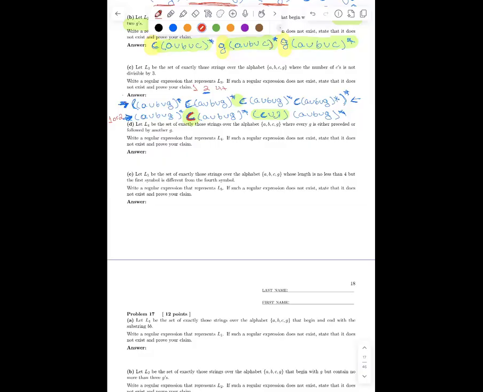But I still need to have 1 C. Or when I go here, I can have another 1 C, which makes it 2. But I don't want to use a Kleene star here, because if I use something like C and Kleene star, it means 0 or more. But we already said that this line here is gonna be only 1 or 2. That's why I'm using the lambda, and I'm not using any Kleene star.